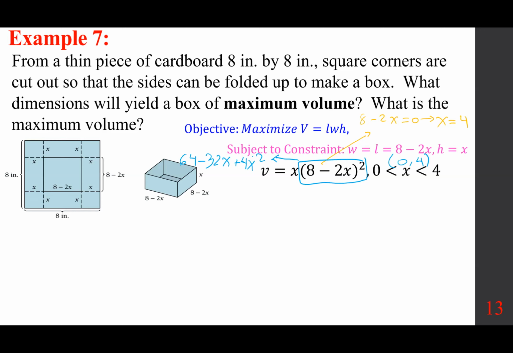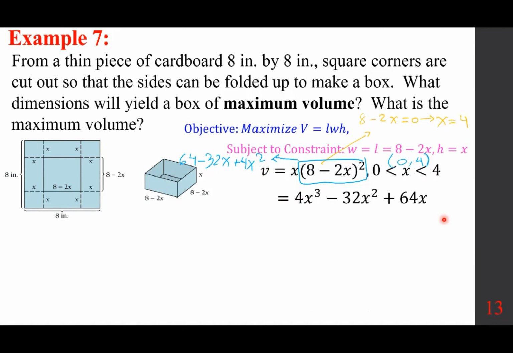Now, this is what we get. We are going to multiply this by x. So we get 64x minus 32x squared plus 4x cubed. We put this in a descending order. So (8 minus 2x) quantity squared is this, multiplied by x, and put it in descending order.